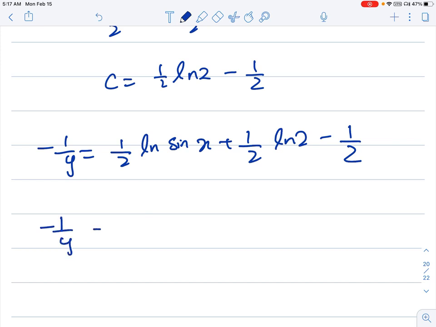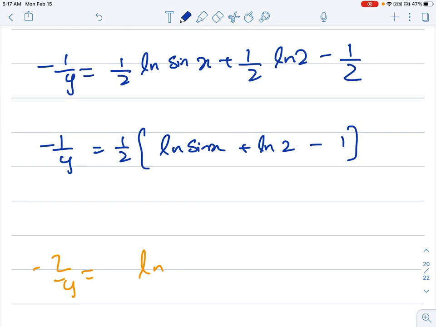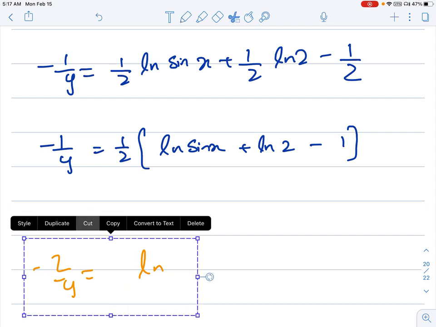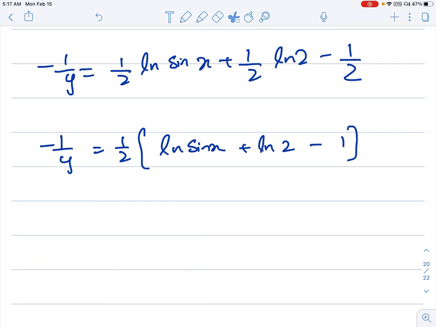So 1 by y is equal to 1 by 2 totally common, ln sine x plus ln 2 minus 1. So bring that to this side. So minus 2 by y is equal to ln 2 sin x minus 1.